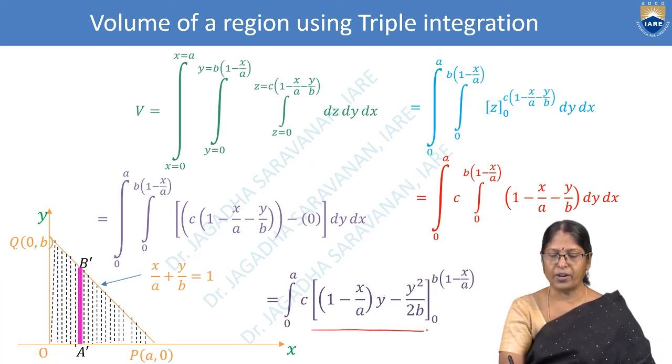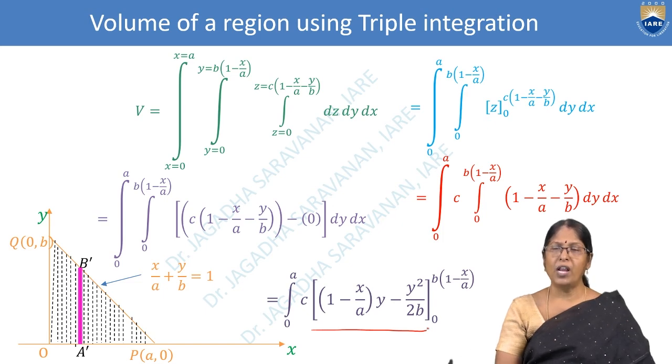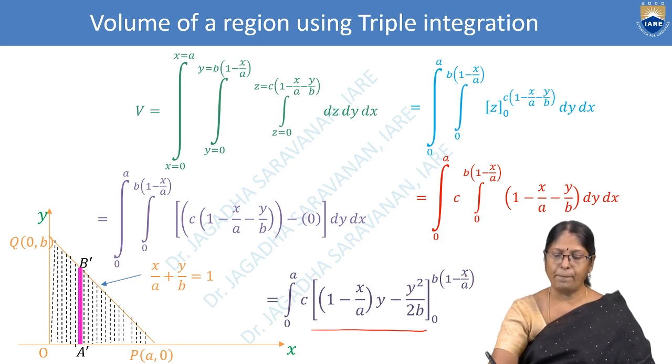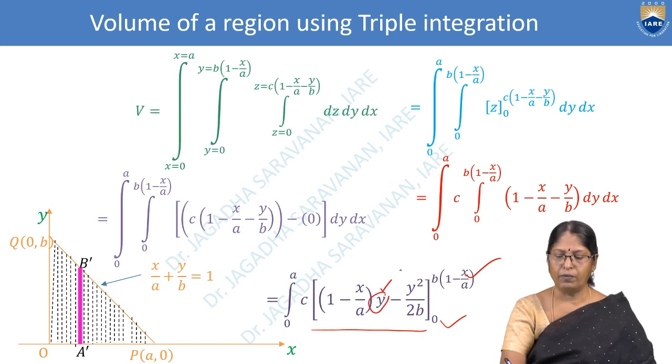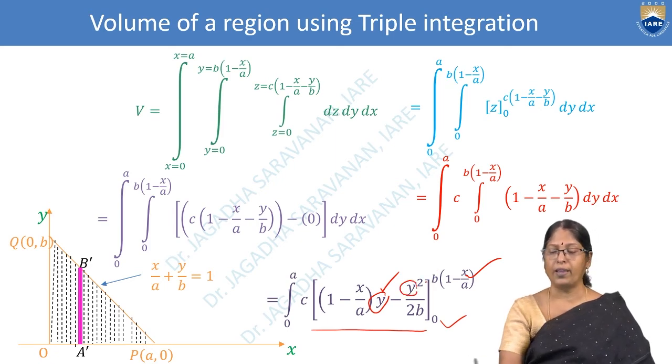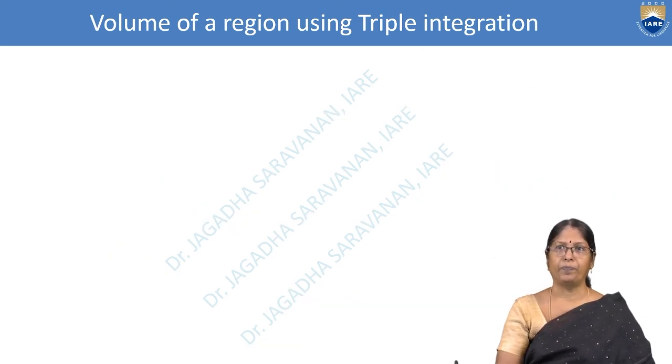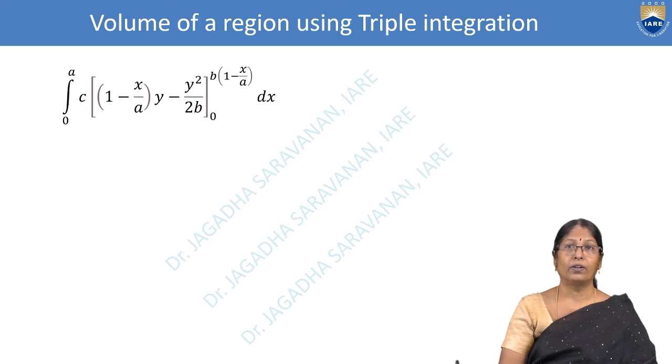So this is the integration we did. Now we have to apply the upper limit and lower limit in the place of y. The upper limit is b(1 − x/a).